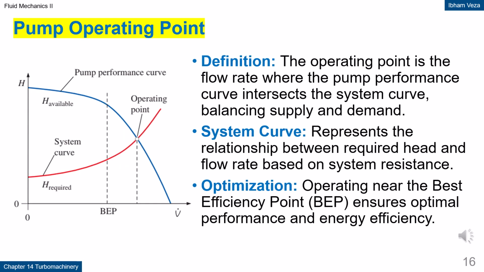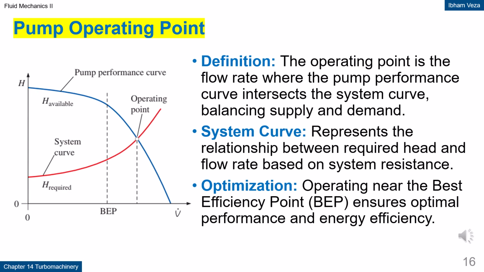Pump operating point. The pump operating point is defined as the intersection between the pump curve and the system curve. The system curve shows the required head as a function of flow rate, based on the piping system resistance. At this intersection point, the pump capability and the system requirement are in balance.